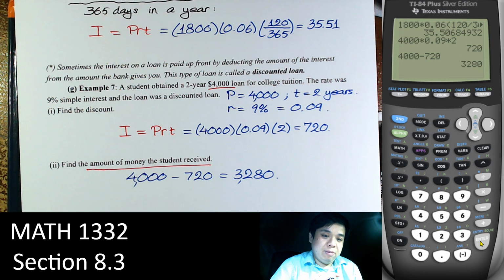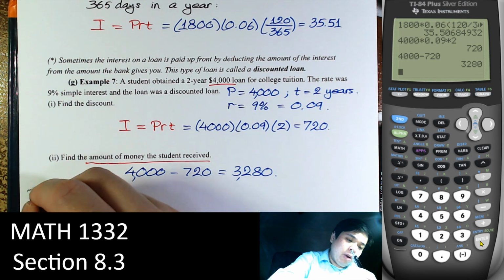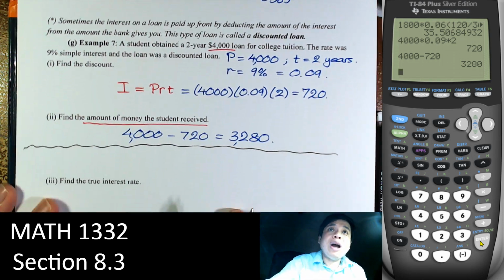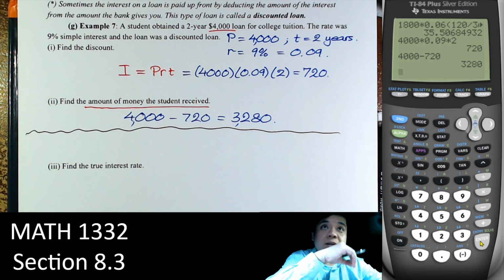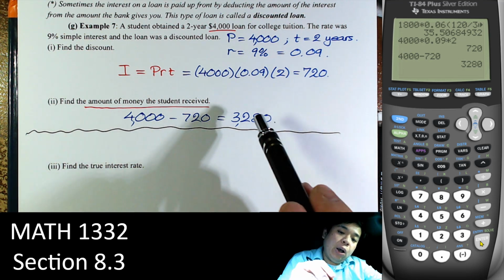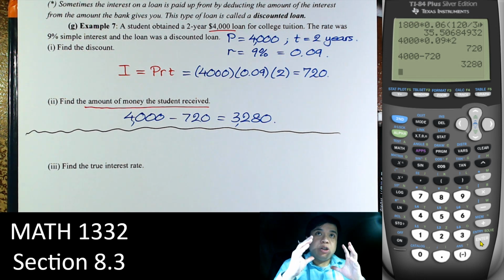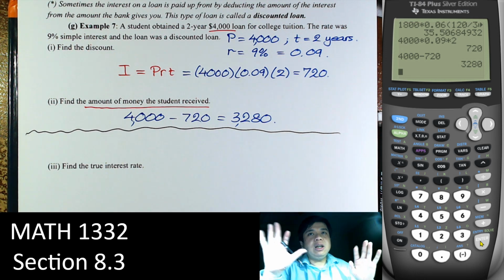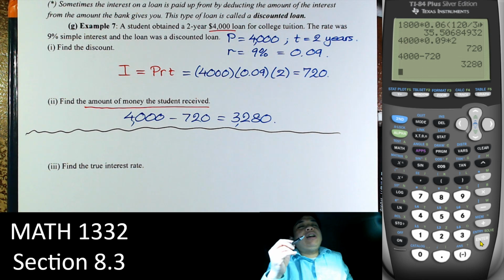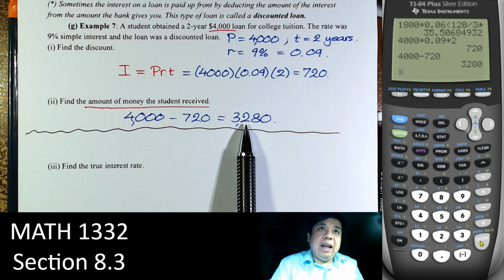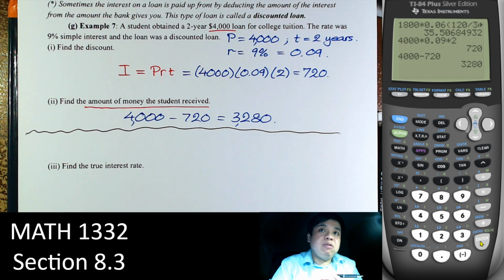Well, now consider these scenarios. The bottom line is, what you actually do here is we only borrow, we got 3,280. Think about it from a different perspective. Let's say you borrow this much, and in 2 years you have to pay back $4,000.